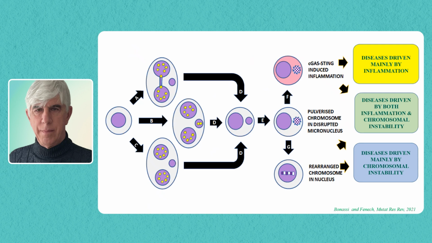So we have a basis to link the frequency of micronuclei to a number of diseases that may be induced by mutation, but also by other pathways. That means cancer, cardiovascular diseases, neurological diseases, disorders, or whatever. So we can try to use it for several purposes.